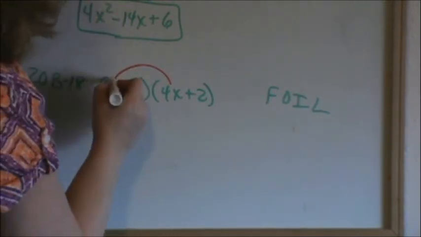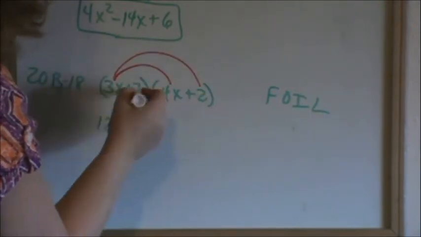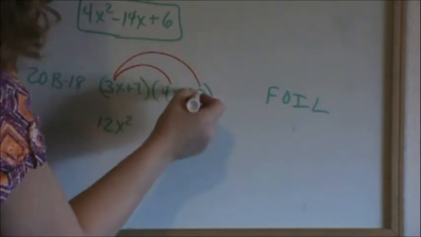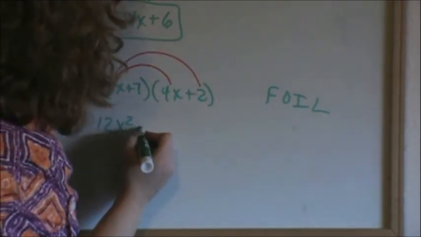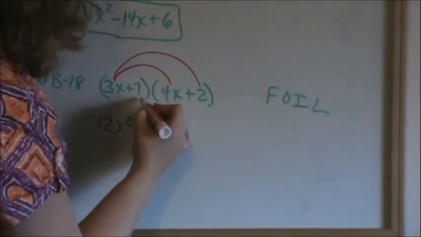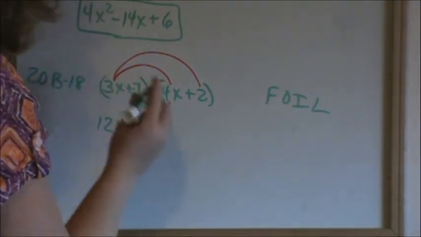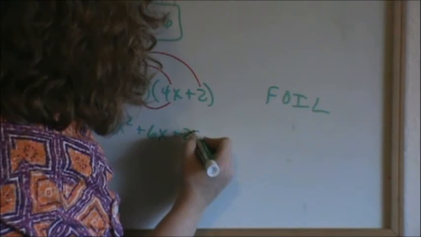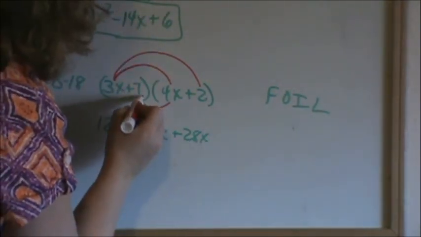Outside terms, this is our very most outside numbers. 3x times 2. This is a positive 3x, a positive 2, so it's a positive number. 3x times 2 would be a positive 6x. Now we want to do our inside terms. The positive 7 to a positive 4x will be a positive 28x. Now we're multiplying our last terms.